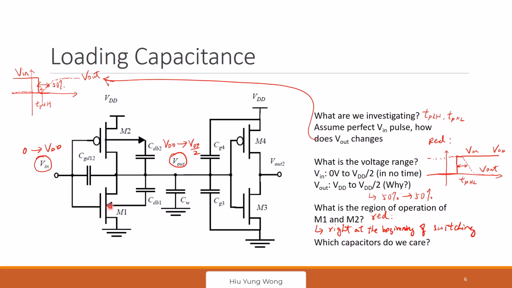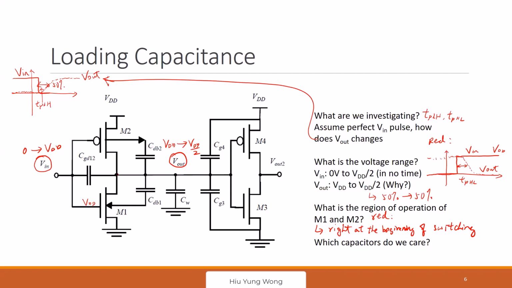What is the operation regime for M1 in this case? Oh, it's on. It is on because this is VDD. Can you be more specific? Is it linear or saturation? I think linear. Let's check carefully. This is VDD, right?